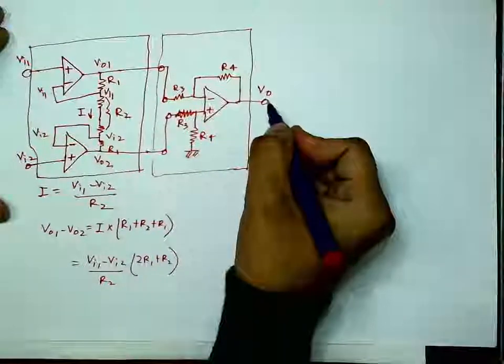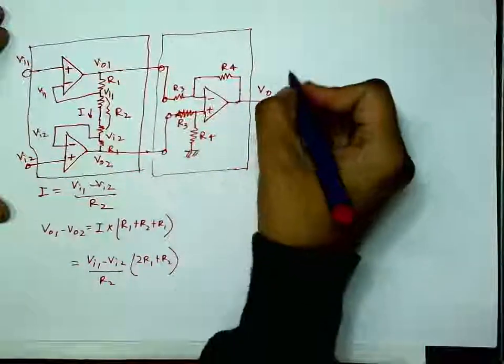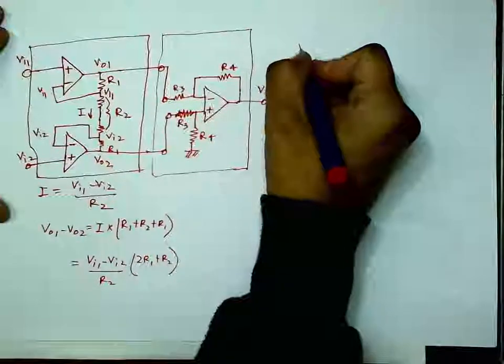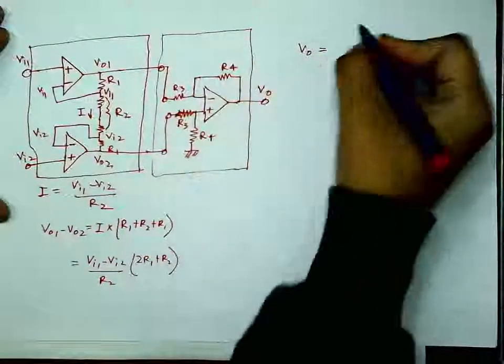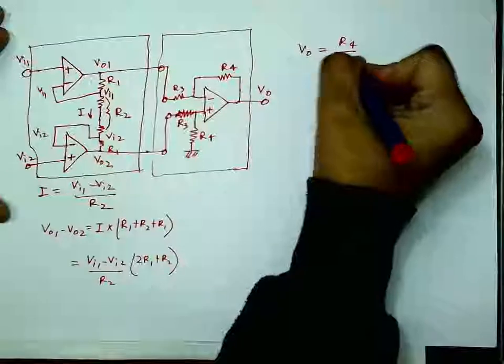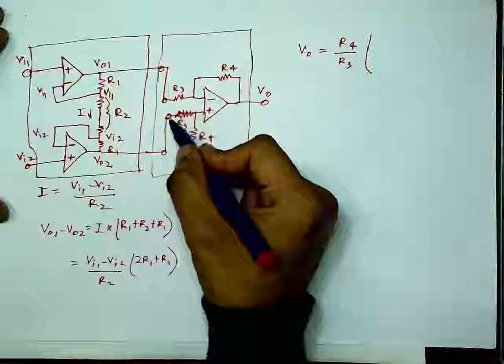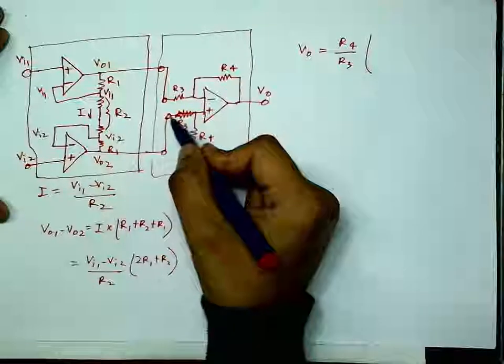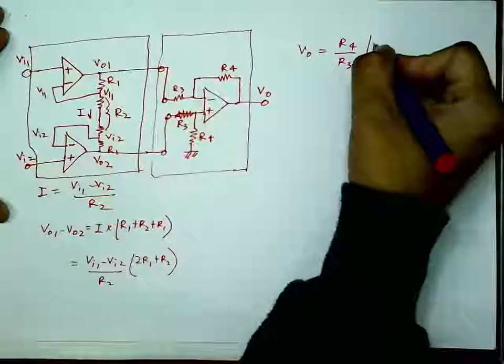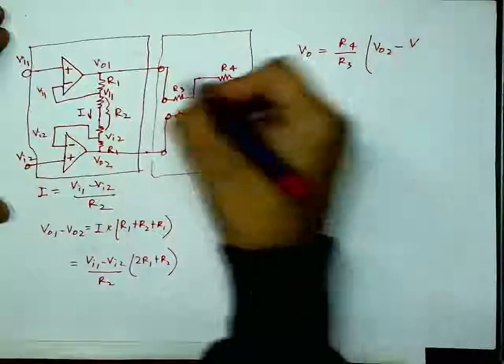Here VO is R4 by R3 times the potential difference at the plus terminal, which is VO2 minus VO1.